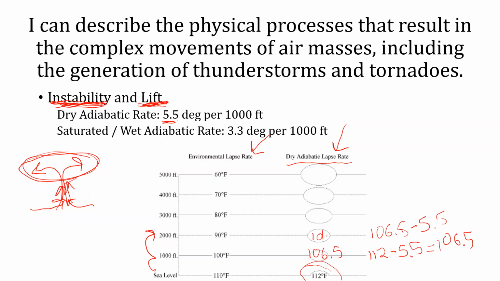And as long as this temperature in this bubble is higher than the temperature over here, as long as this is higher than that, then the air parcel will rise, okay? But if you ever get to an altitude where the number in the bubble that you're examining is less than the outside temperature, at that point it would stop rising and you wouldn't have lift anymore.